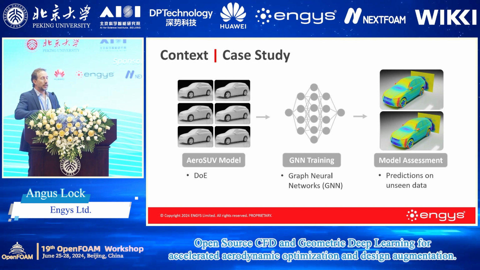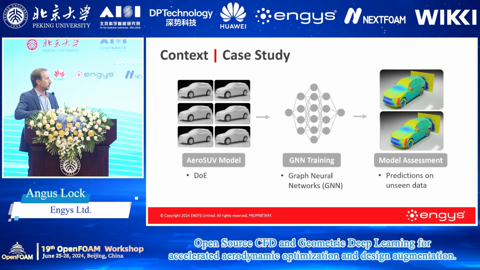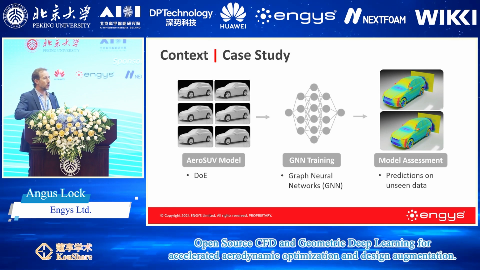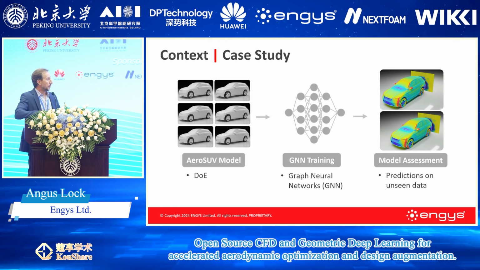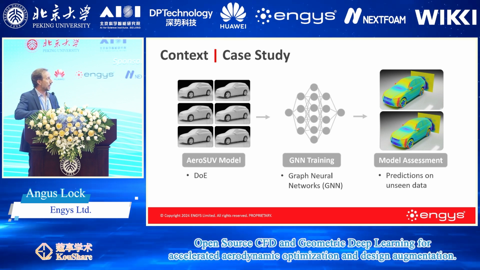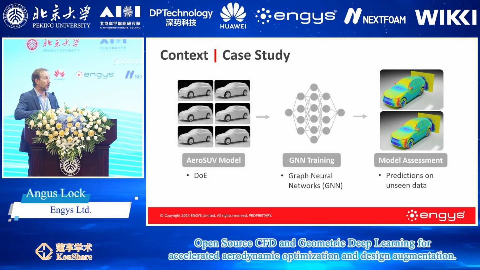So in terms of the case study that I'm talking about today, we used an open source generic model called the Aero SUV. A number of you may have heard of the DrivAer model, which was a generic model created in TU Munich. And the Aero SUV was a variant of that to better represent larger two-box shaped vehicles.